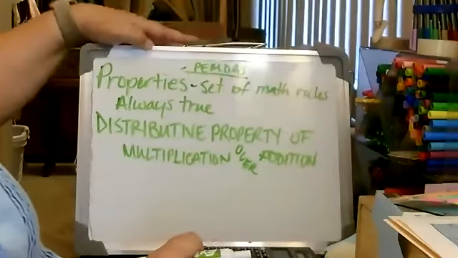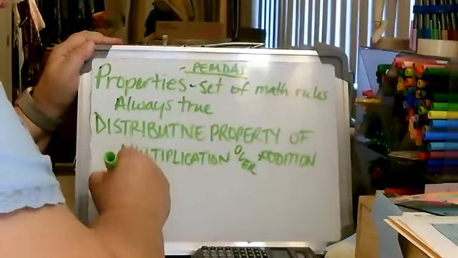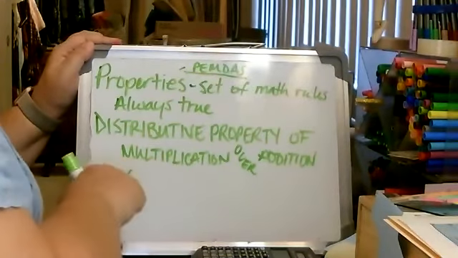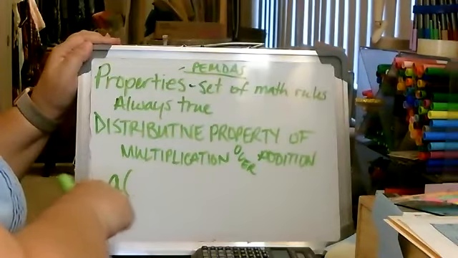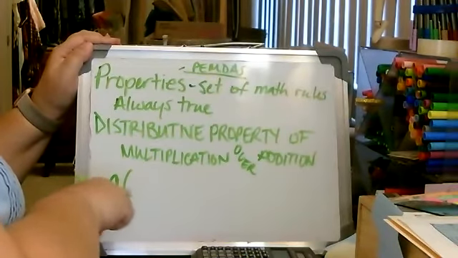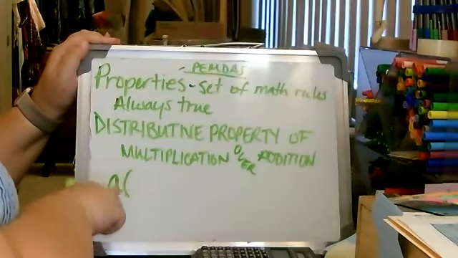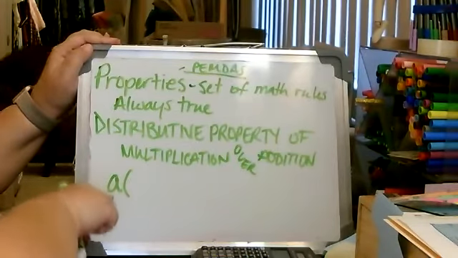So that looks like A, and remember, anything directly in front of a parentheses or in back of a parentheses is automatically multiplied. So I don't have to make a multiplication sign here, and you will automatically know that means multiplication.